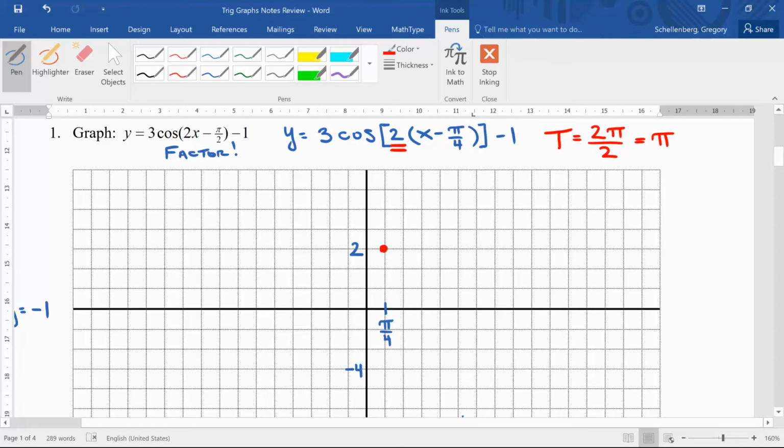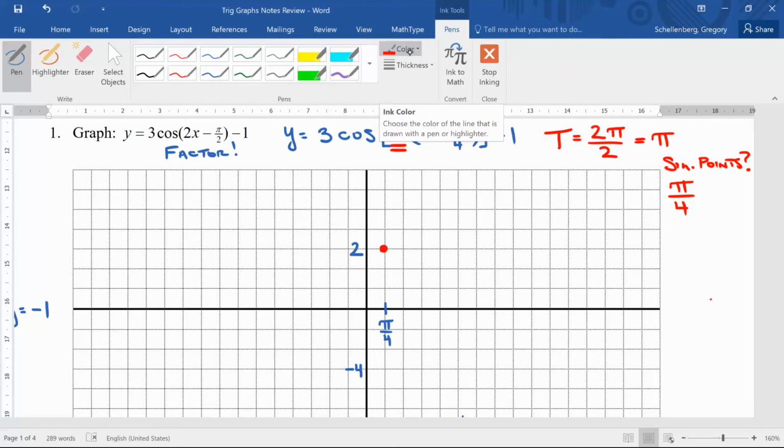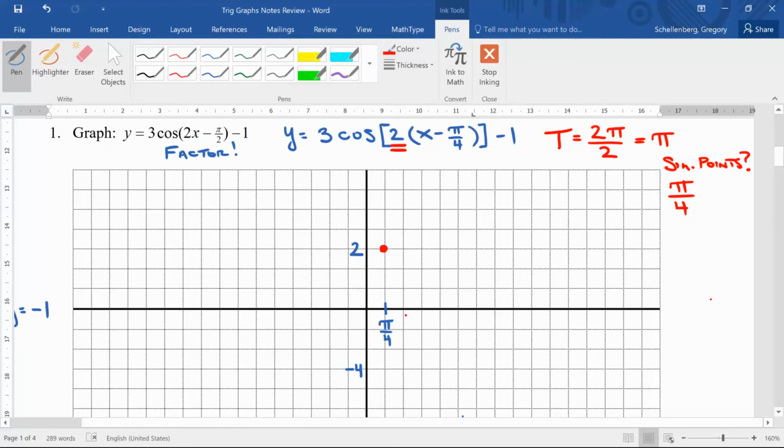Okay. So our horizontal scale, or the spacing of our significant points, we're taking the period, which is pi, and dividing that into 4 equal parts. Okay, so every pi over 4, we will have a significant point. Okay, so each of these boxes is going to represent pi over 4 units.